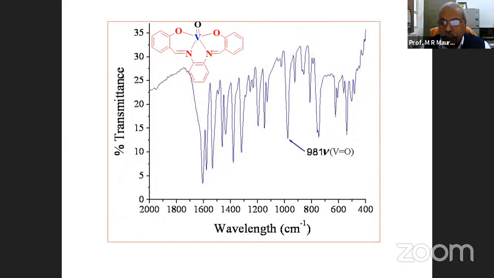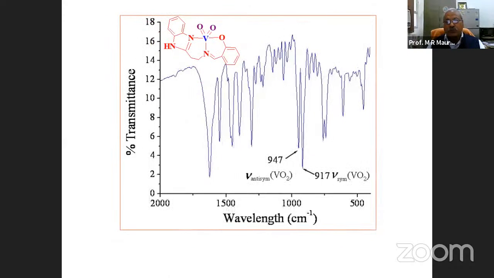And I'll also show you here some of the IR spectra. This is for the orthophenylene diamine ligand complex; very nicely, it gives a peak at 981 in the IR. When we go to the dioxo, we get two peaks in the 900 region, symmetric and asymmetric dioxo stretches.